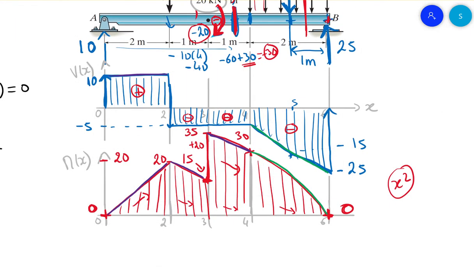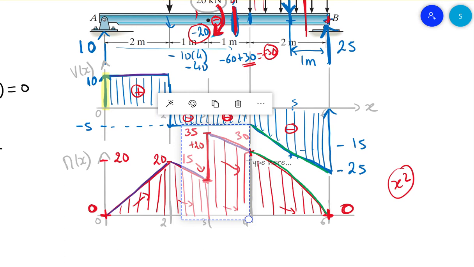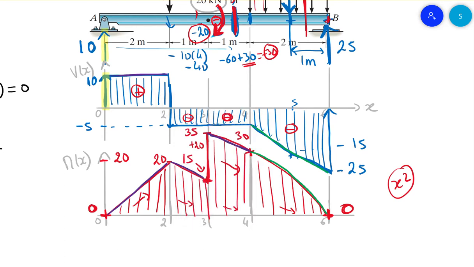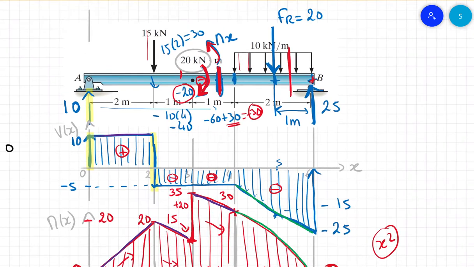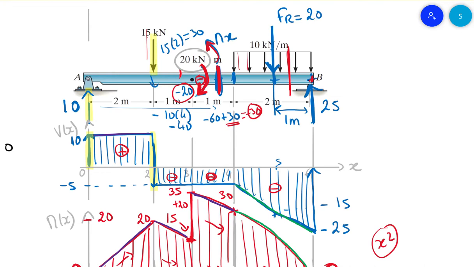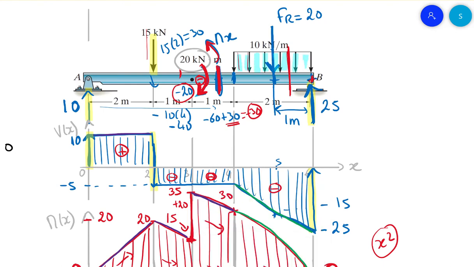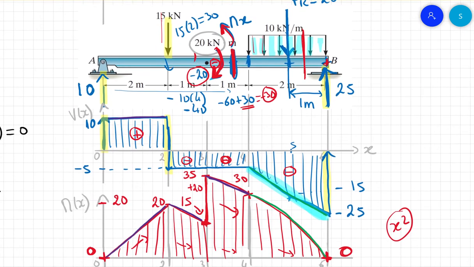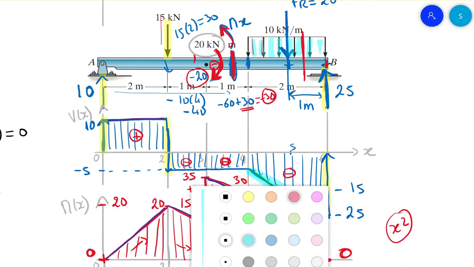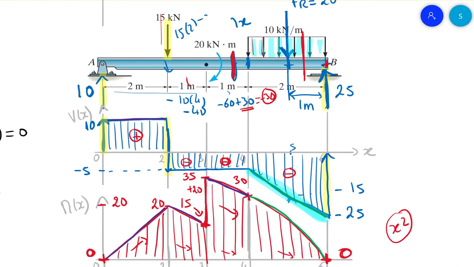All those gaps there: this one is the shearing force 10, this one is the external load 15, and this one is the 25. And this distributed load is represented by this decreasing curve. We can't see anything else.